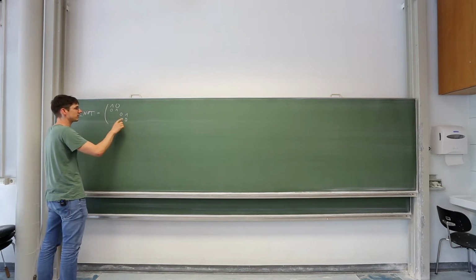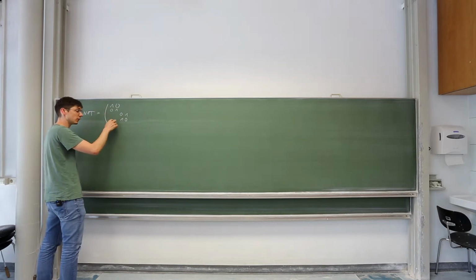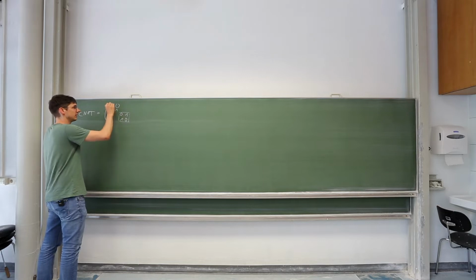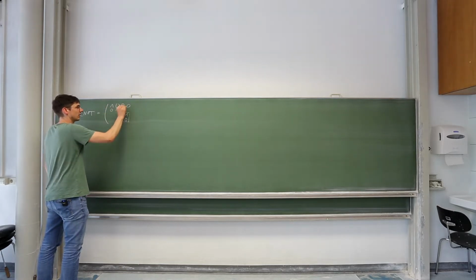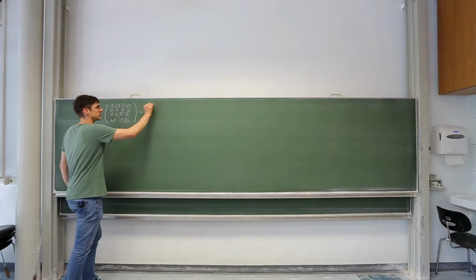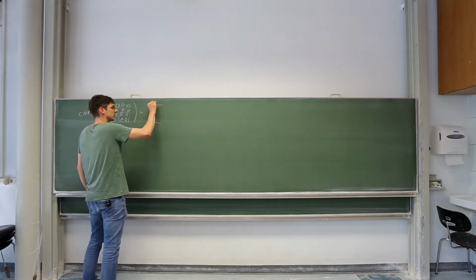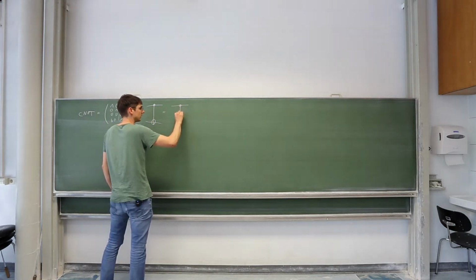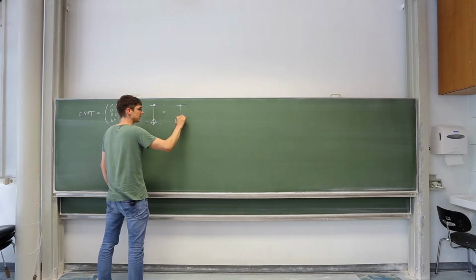So in the subspace where the first qubit is 1, something happens. Here, this is the X gate, and here's the identity because nothing happens. And we illustrated this with this circuit diagram, which is equivalent to a controlled X gate.